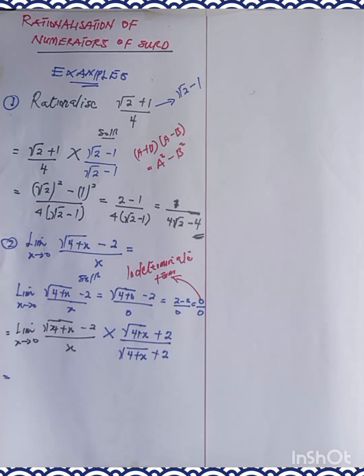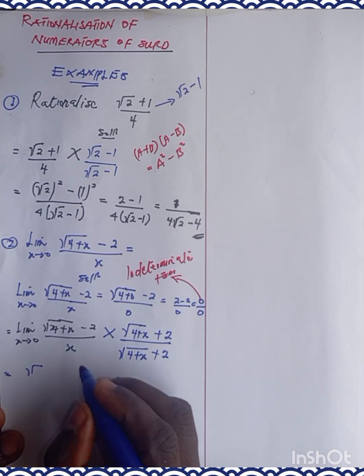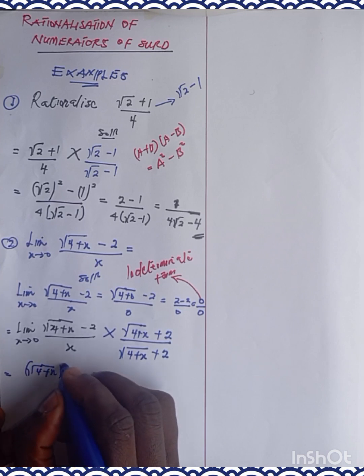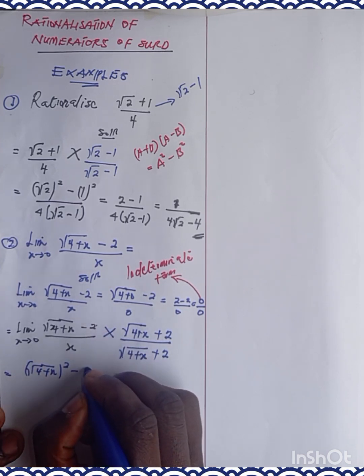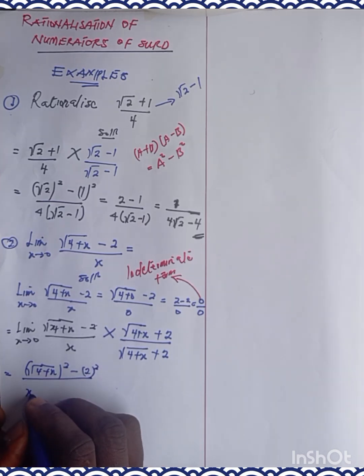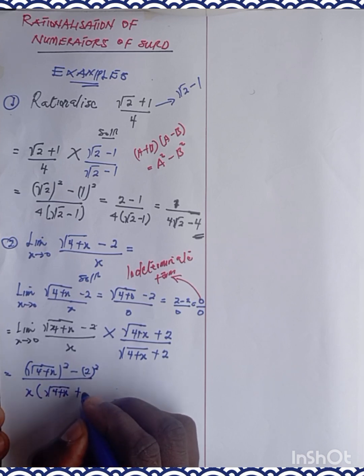So you are going to apply this difference of two squares here in order to aid or quicken our calculation. So we are going to get the square of this, root of 4 plus x all squared, minus the square of what? 2 squared, all over x times root of 4 plus x plus 2.